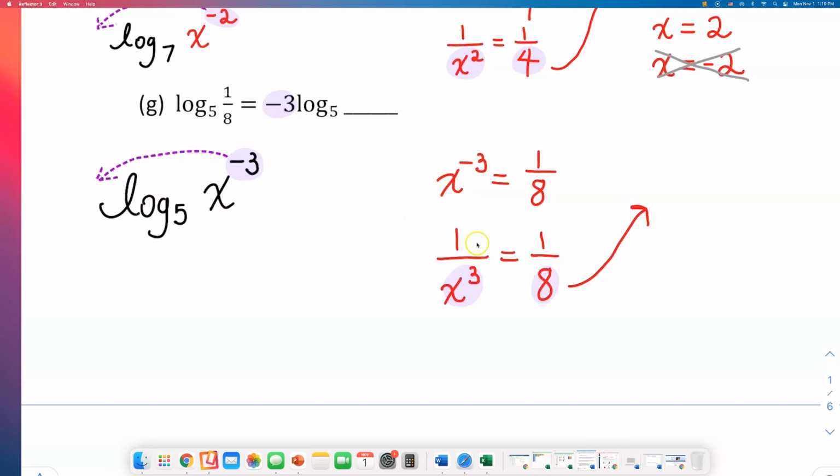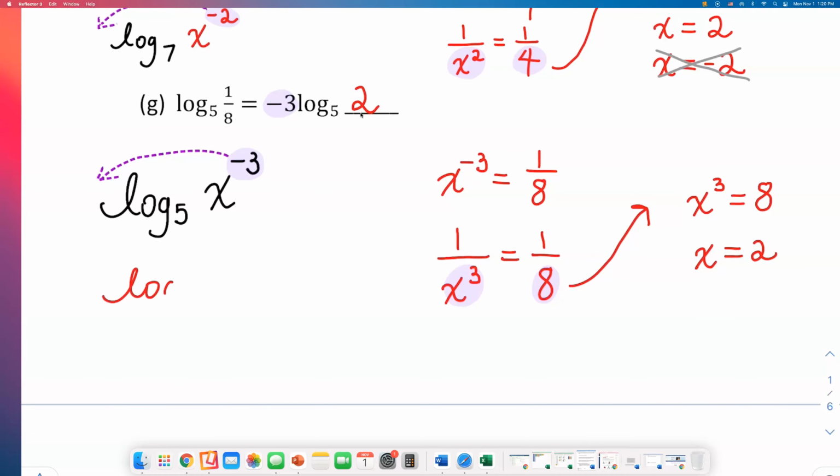Because both the numerators are 1, the denominators must also be equal to each other. So x cubed equals 8. If you solve this by taking the cube root of both sides, you will get x equals 2. And it doesn't give negative 2 this time because the cube root of 8 is only positive 2. So the answer is automatically 2 here, okay?